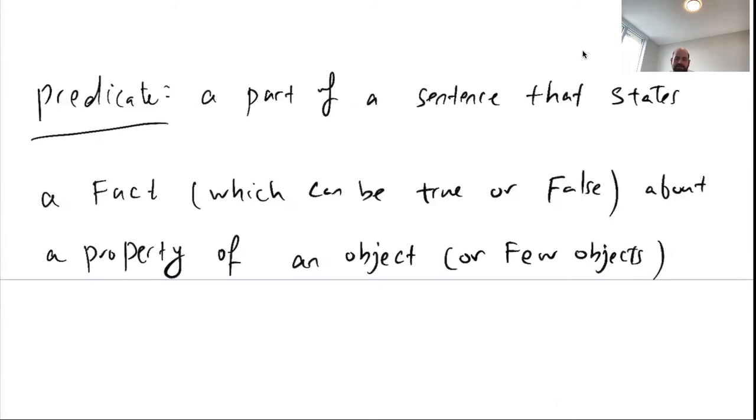For some persons, this statement is not true, right? So that's why in this type of situation, we need a predicate. So a part of a sentence states a fact about the property or properties of an object or objects or a person or some people. Now that property or that part of sentence is either true or false, depending on the type of object or the type of person or the type of number, depending on the context.